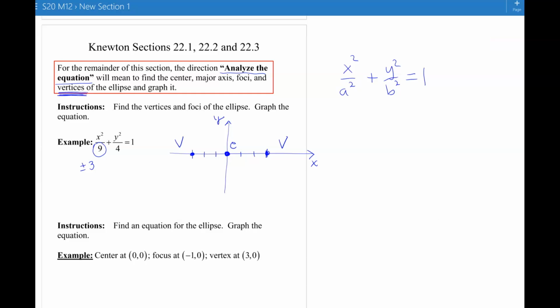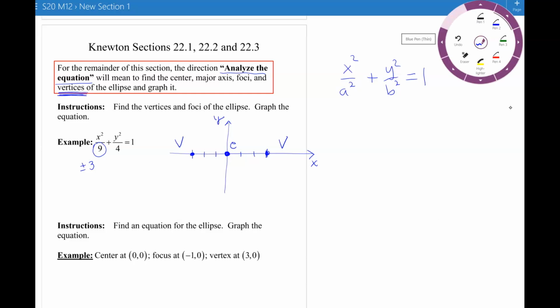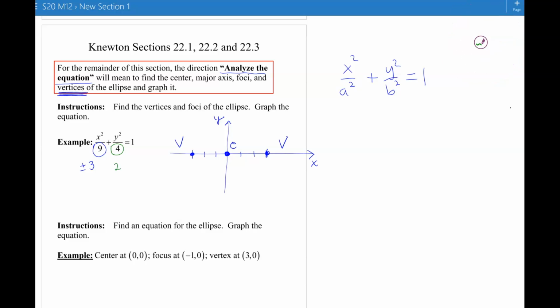So then I can look at the number under the y squared term, and I see that's the number 2 squared. So that tells me how far I go in the y direction from the center to get to 2 more points that are on the ellipse. So the center is the origin for these first few problems, so got that.